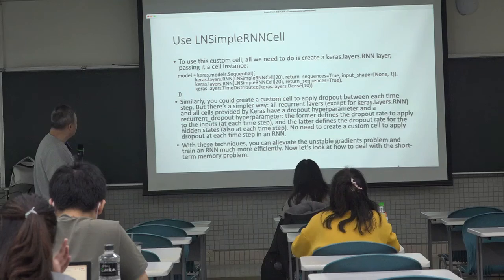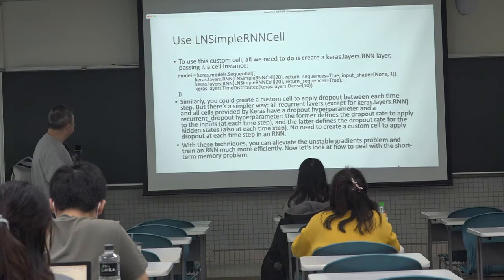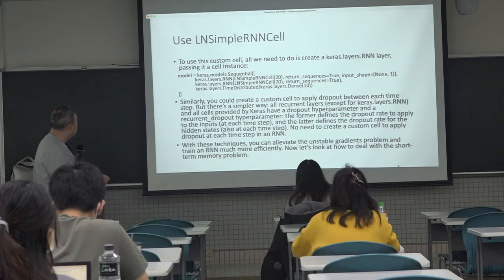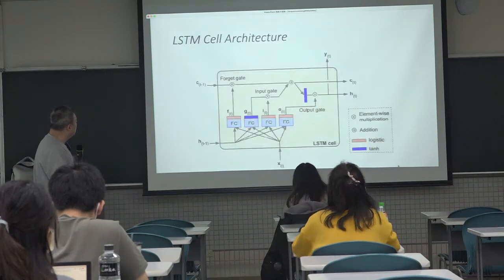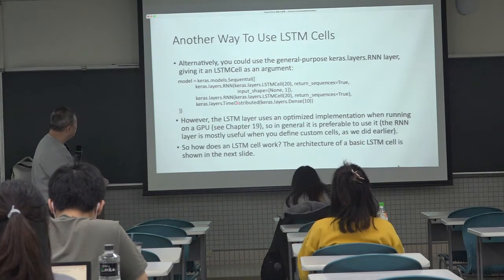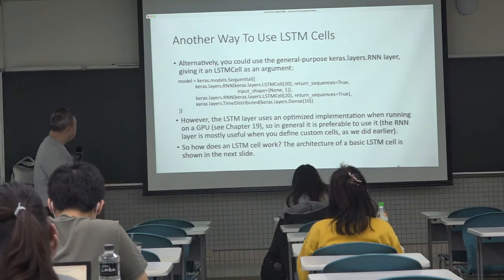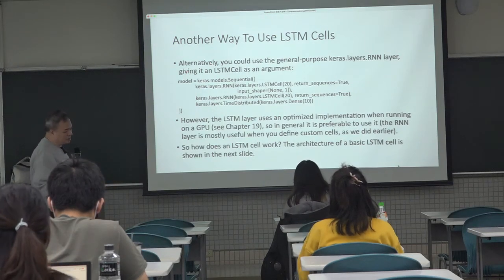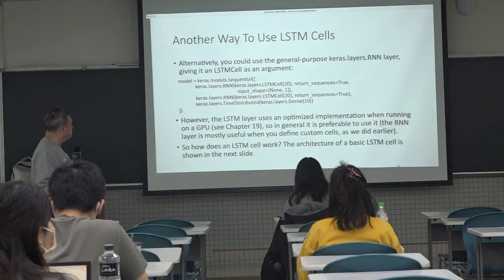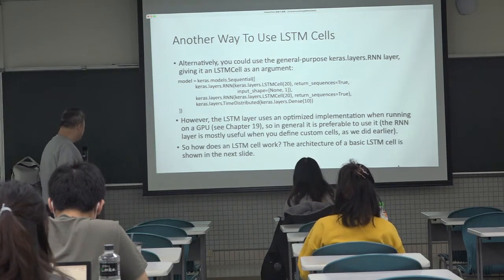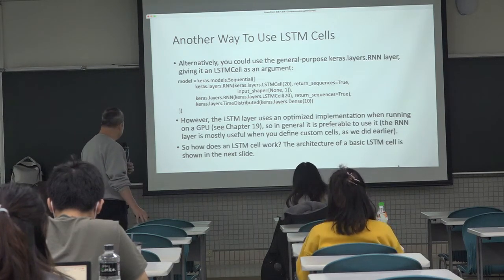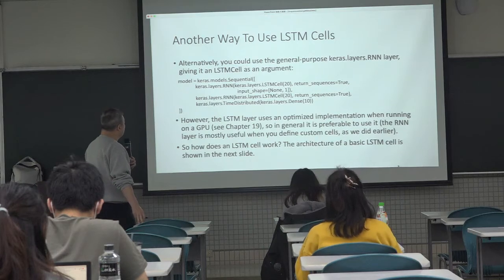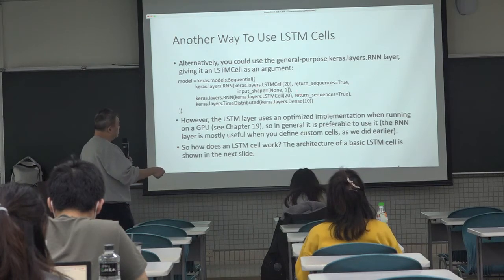You can see we use keras.layers.RNN, and then here we use the LN simple RNN cell, right? So this second way to use the LSTM cell is just like what we did for the layer normalization simple RNN cell. The other part again remains the same.